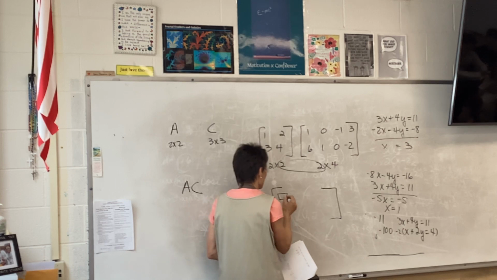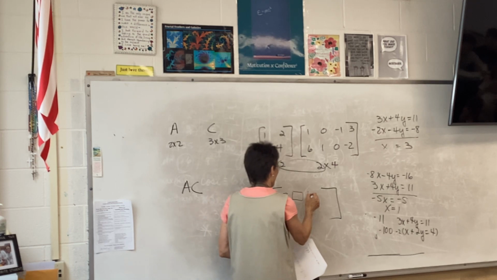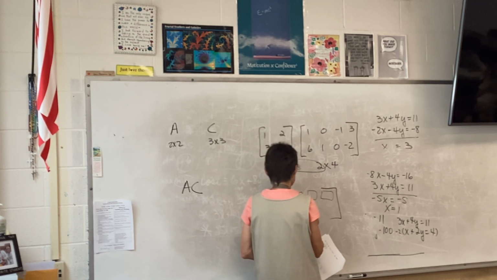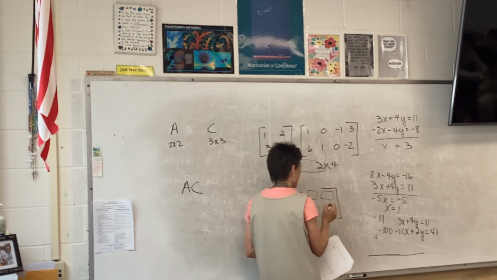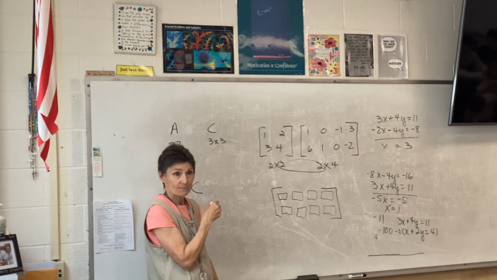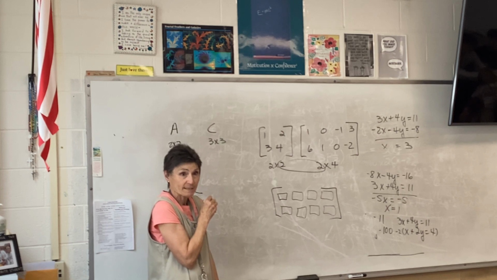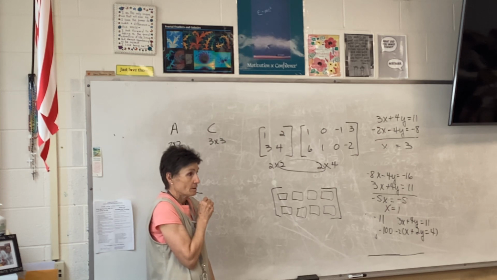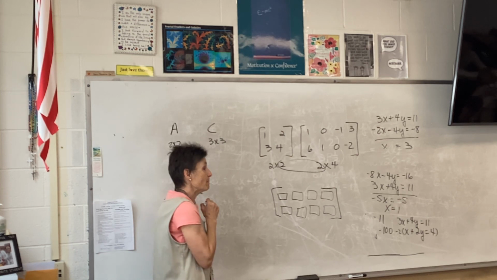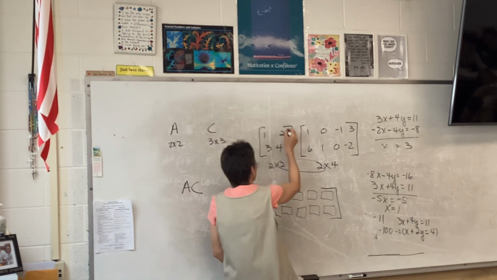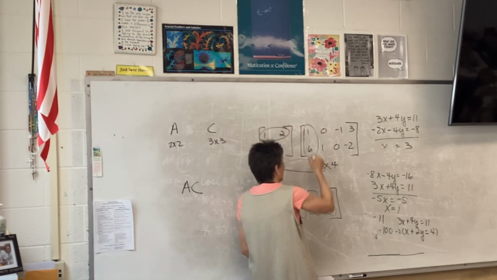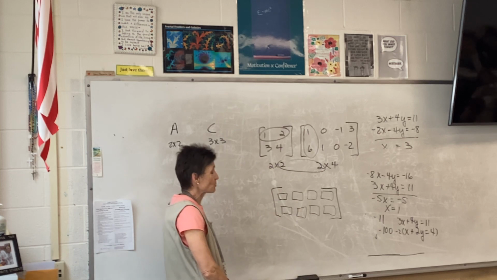So it's gonna have 2 rows and 4 columns. You don't need to put these boxes in, I just want you to get a sense for the numbers you need to find. And when we multiply, we do it row by column. Always row by column.